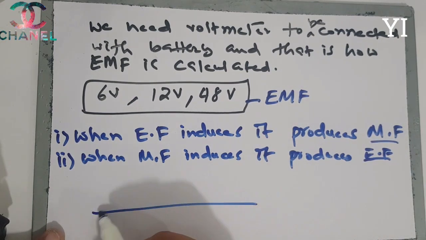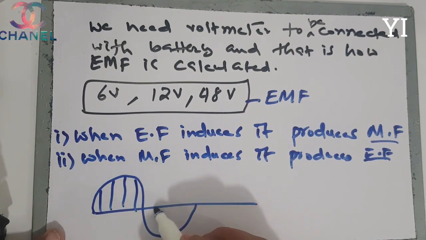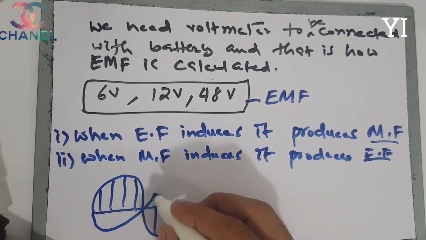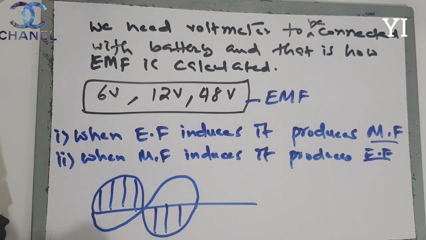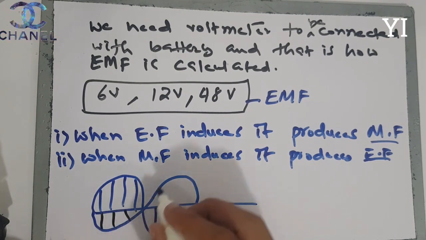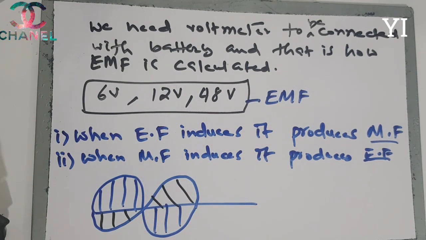Say, if this is the electric field, so the magnetic field will be like this one. If in blue it's the electric field, then in black that is how the magnetic field is. These both fields are perpendicular to each other, and when an electric field induces, it produces a magnetic field, and when a magnetic field induces, it produces an electric field.